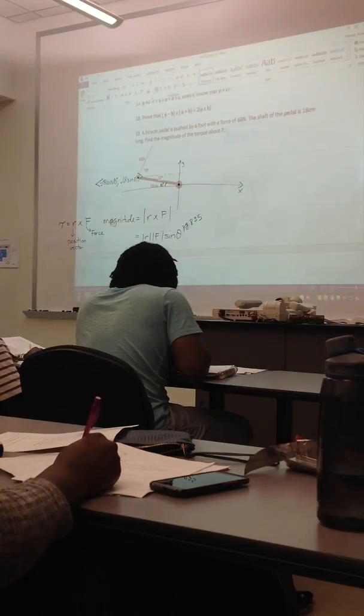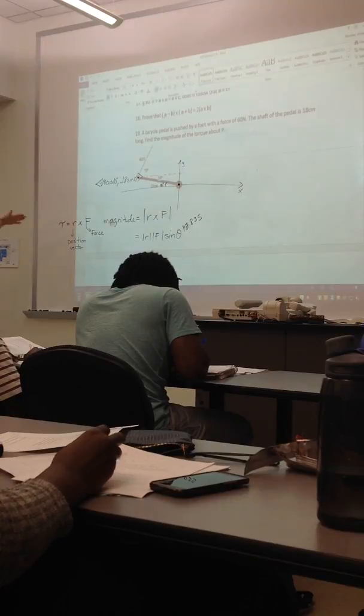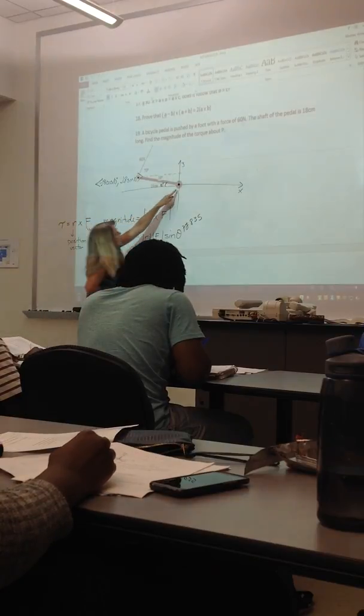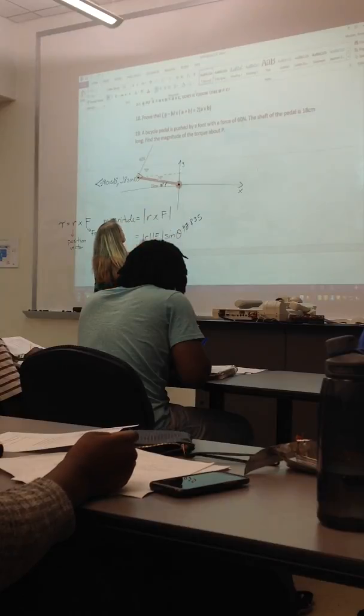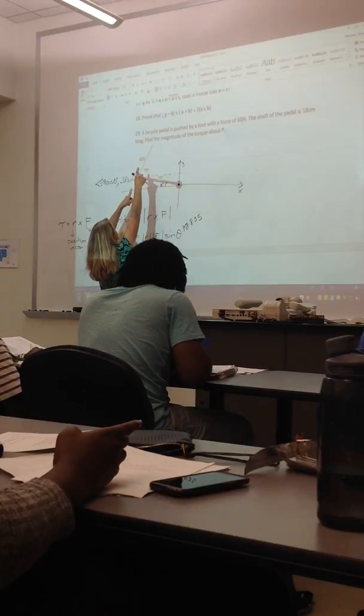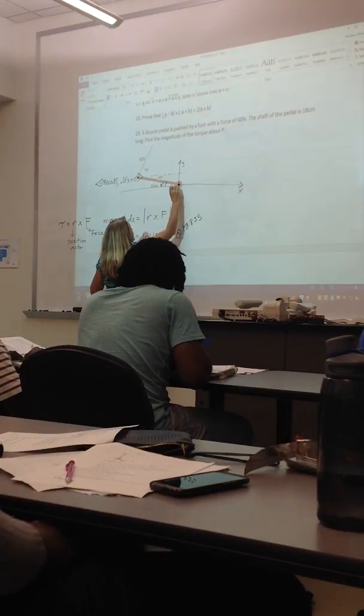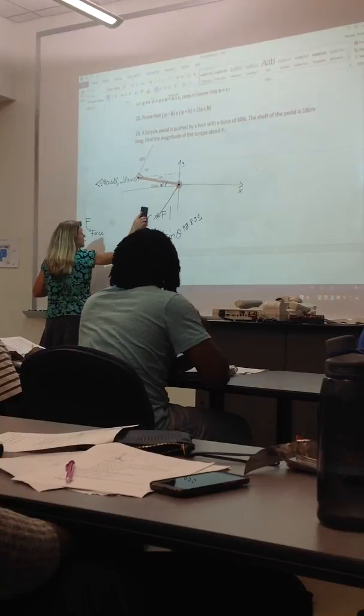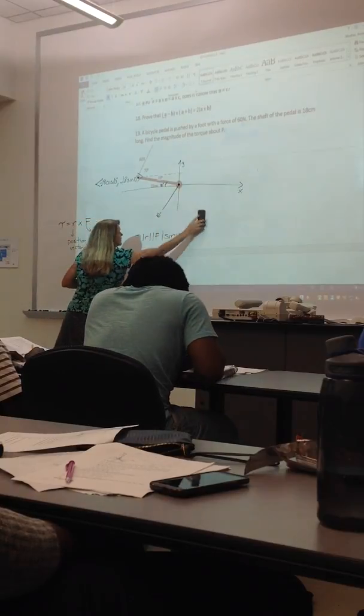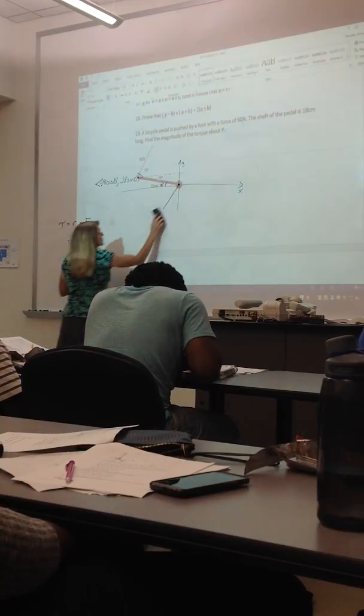The way I understand it, they have that drawn pushing on the pedal, but it's causing a turn here. So you want to pick that up and imagine it coming out here, if you're going to actually find your vectors.